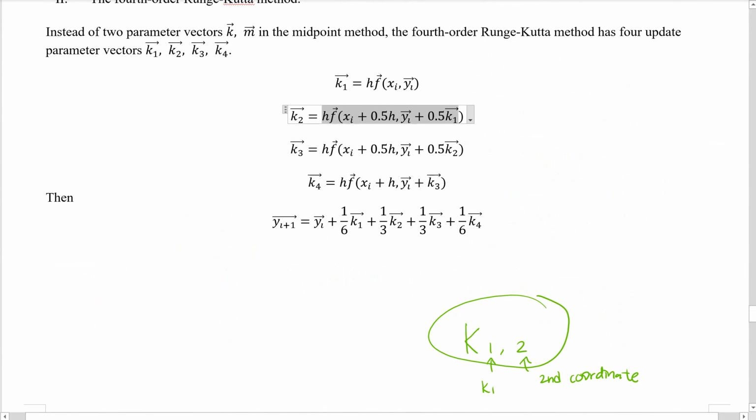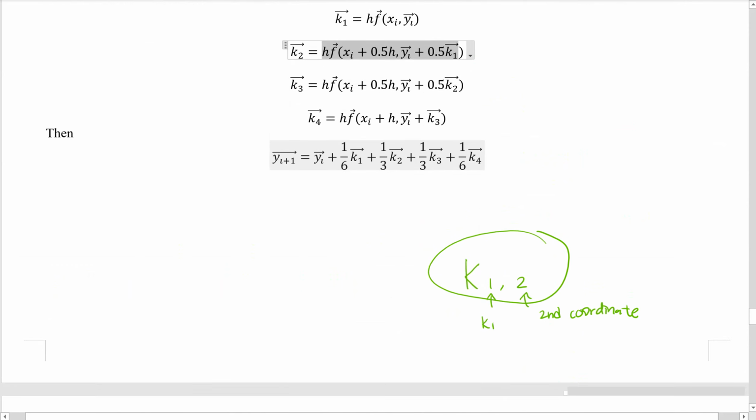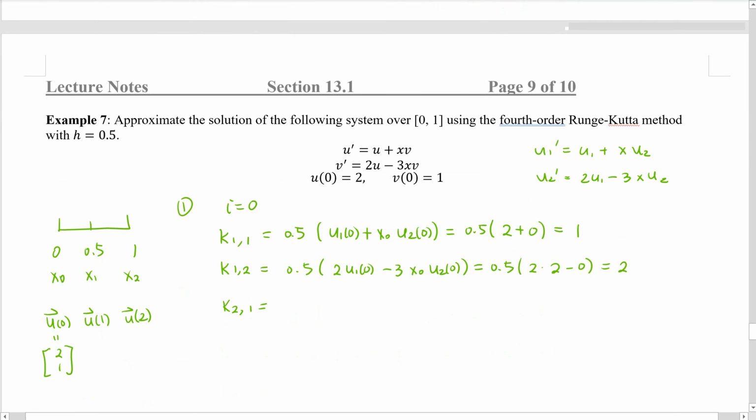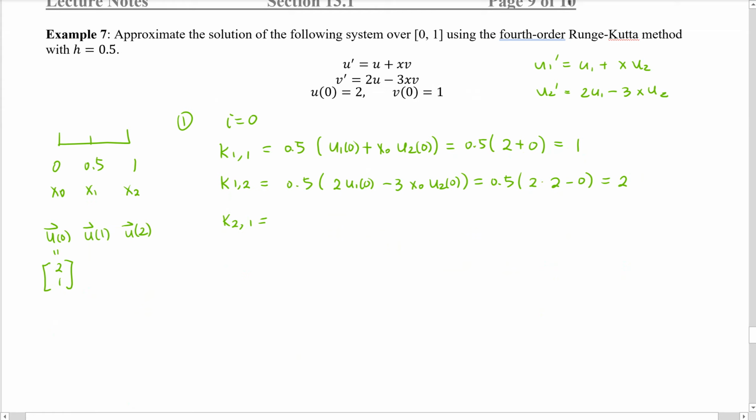h times f of xi plus 0.5h, then y plus 0.5 k1. Okay, so let me write it down here. So this is h times f1 of x0 plus 0.5h.